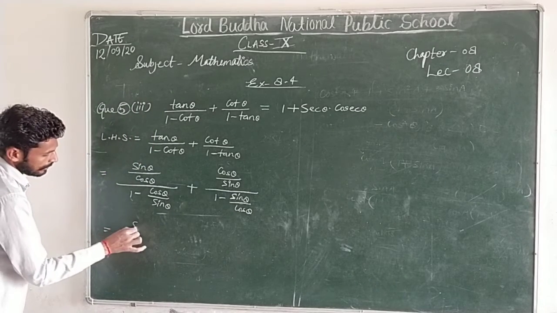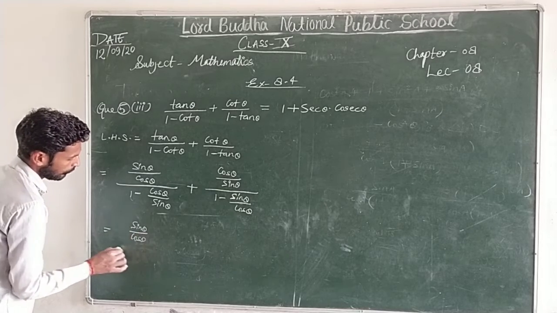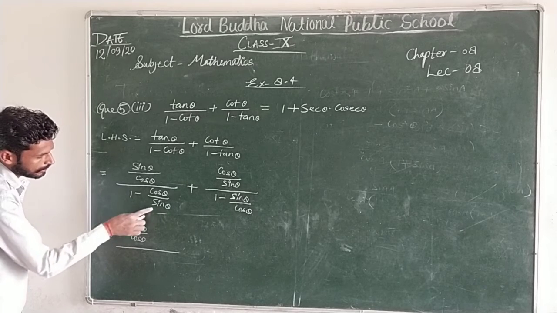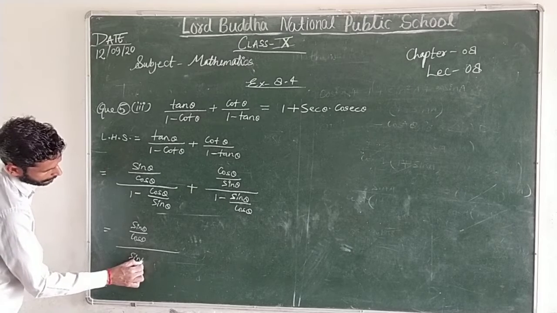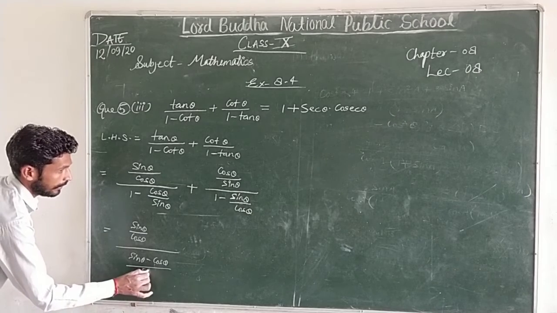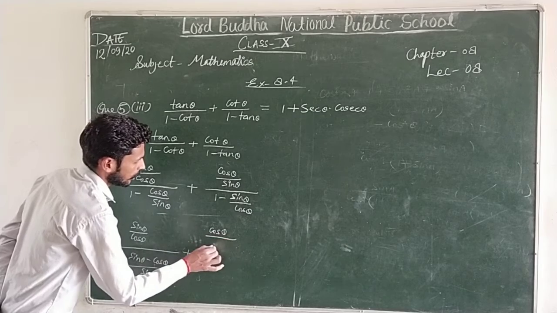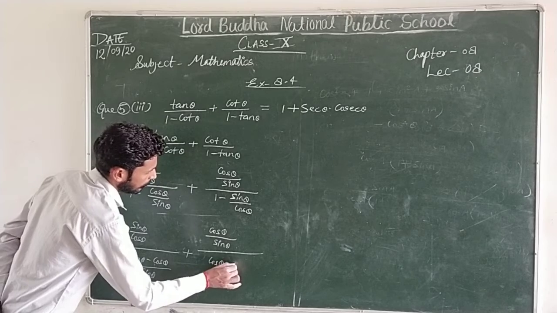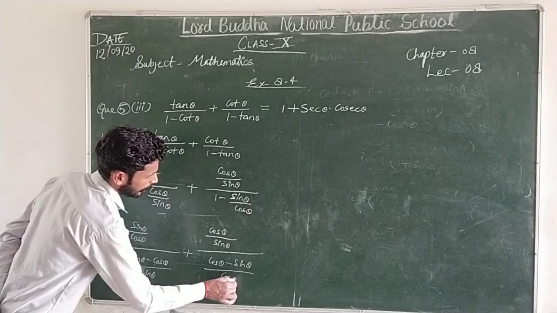Okay, so sin theta upon cos theta into, first we will simplify this, so we can write sin theta minus cos theta whole upon sin theta, plus here we can write cos theta upon sin theta and whole upon cos theta minus sin theta whole upon cos theta.